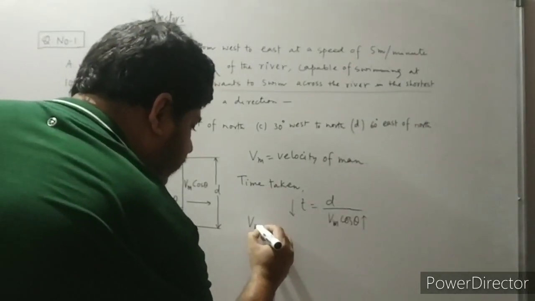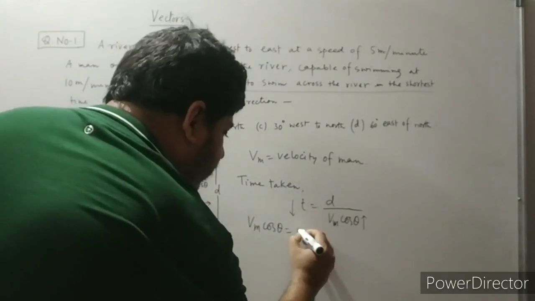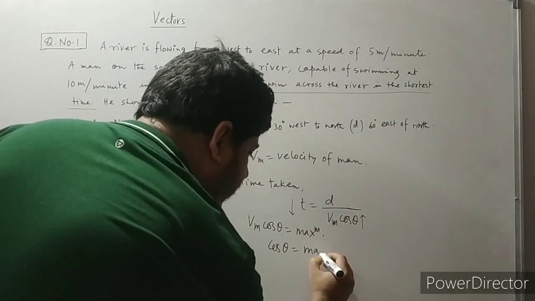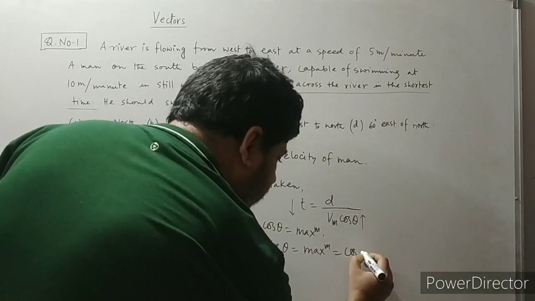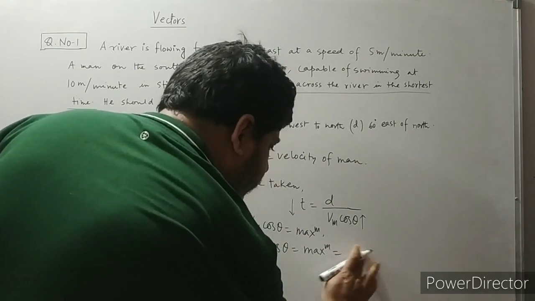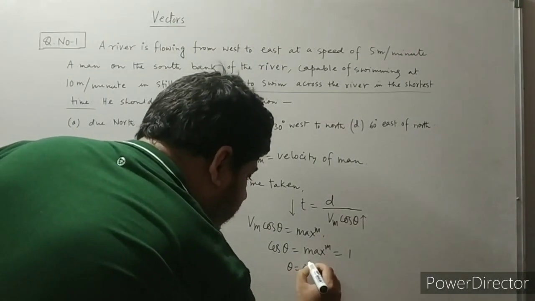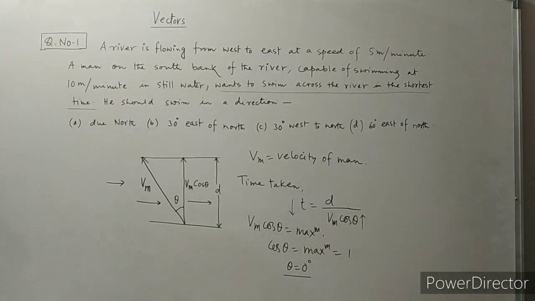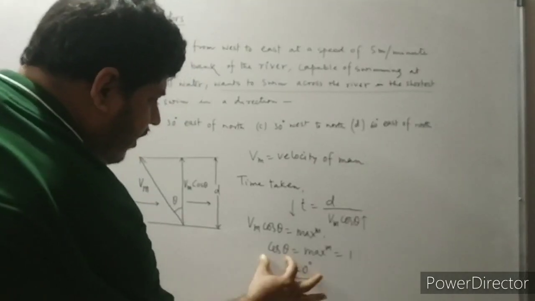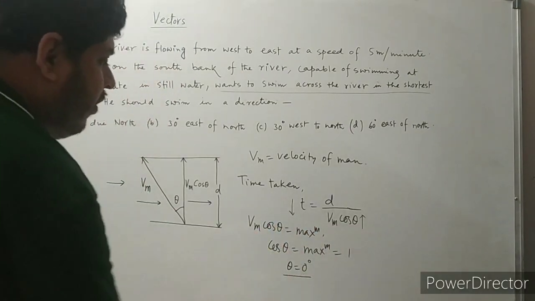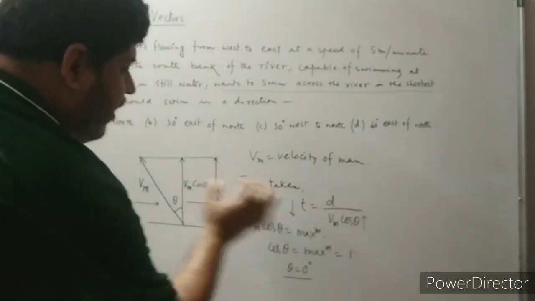If Vm cos theta is maximum, it means cos theta should be maximum, means cos theta should be 1. Fine. So cos theta should be 1, so that theta will become 0 degree. So theta is 0. When theta is 0, cos theta becomes maximum. When cos theta becomes maximum, Vm cos theta becomes maximum. When Vm cos theta becomes maximum, time becomes minimum.